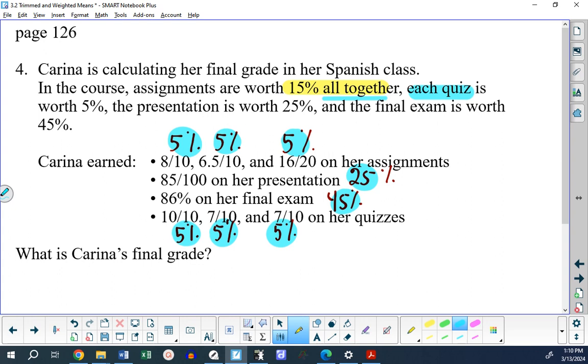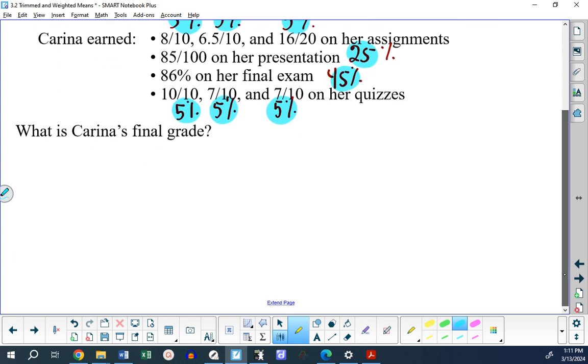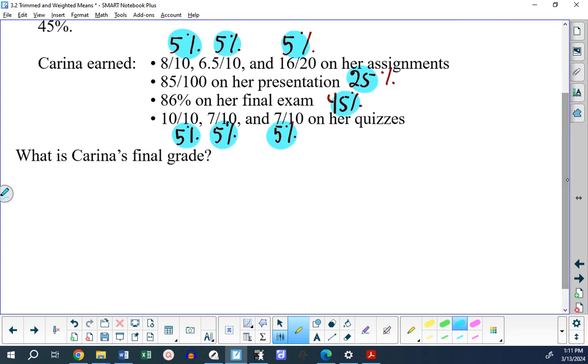Better add up to give 100. Do they? Do. So here's what you need to do, though. Give me 1 second.